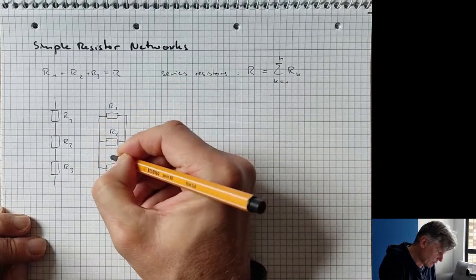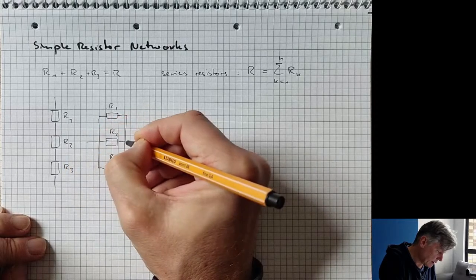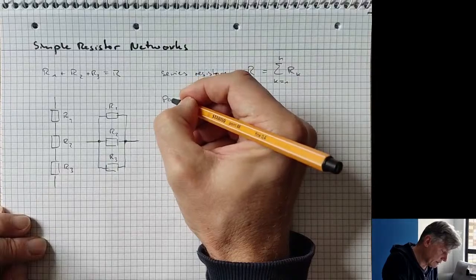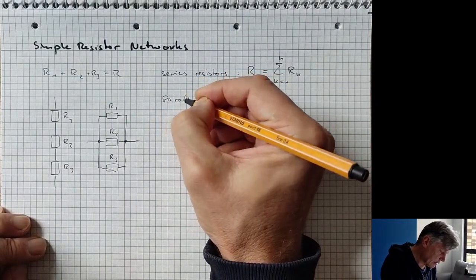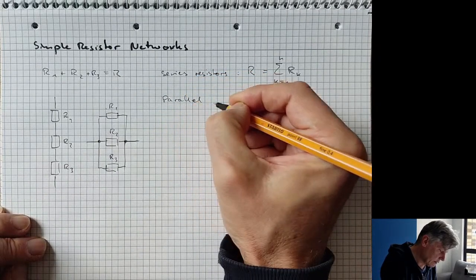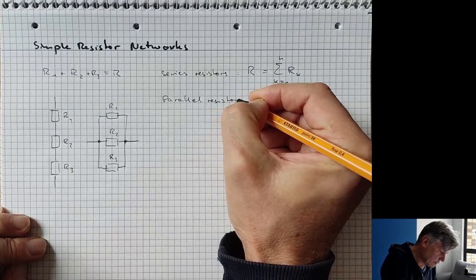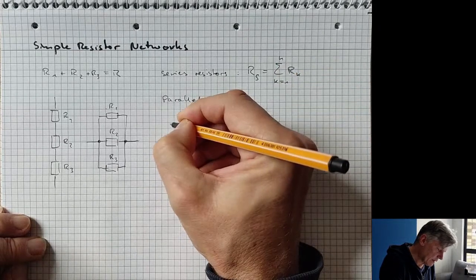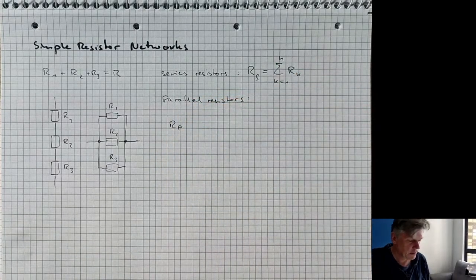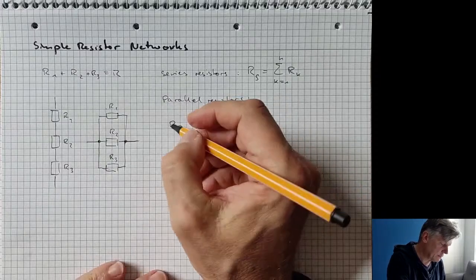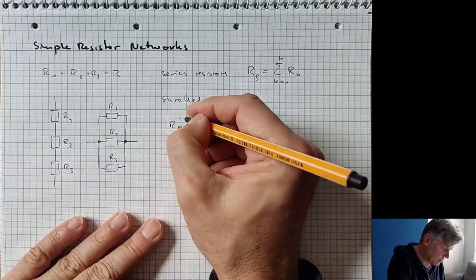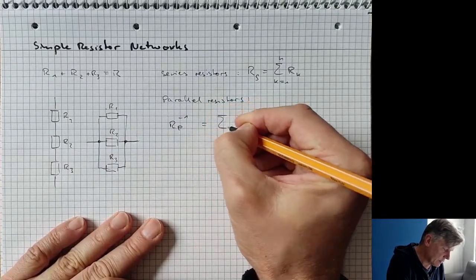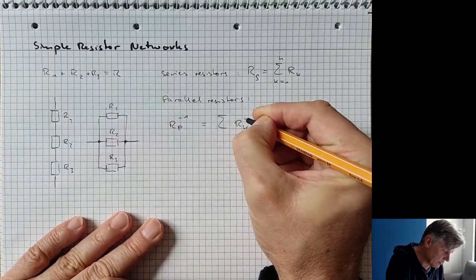Then for parallel resistors, we can generally say, so this is for series, that the effective resistance of the parallel resistors is: 1 divided by Rp, so Rp to the power of negative 1, is the sum of the reciprocal resistances.